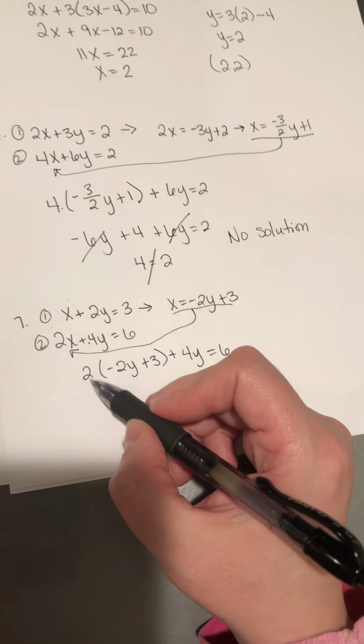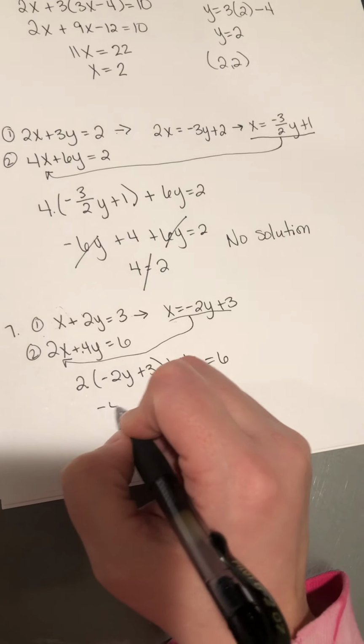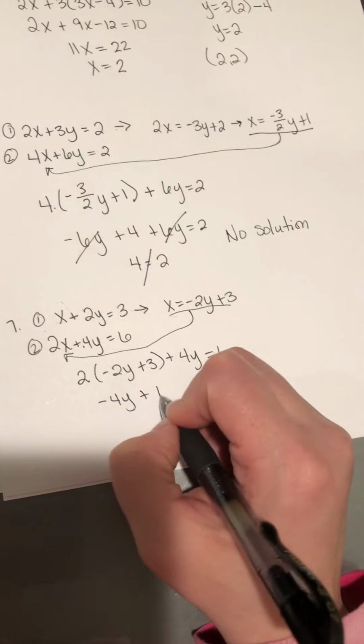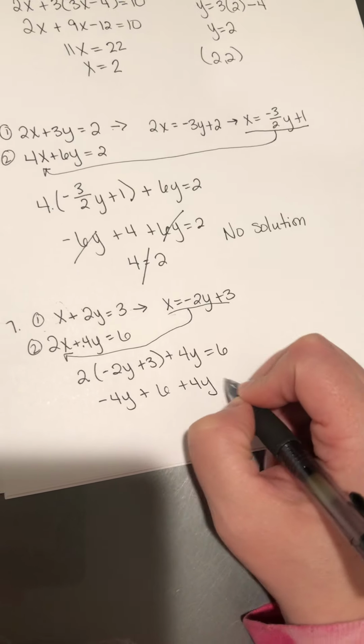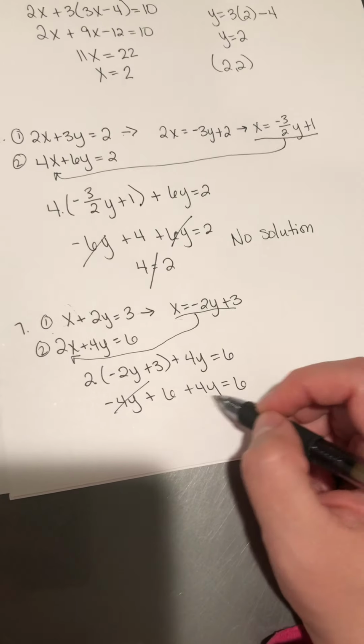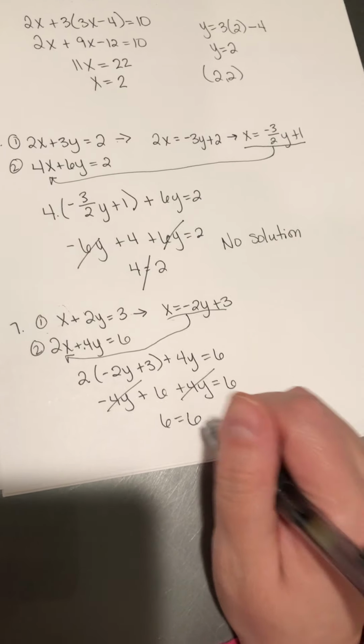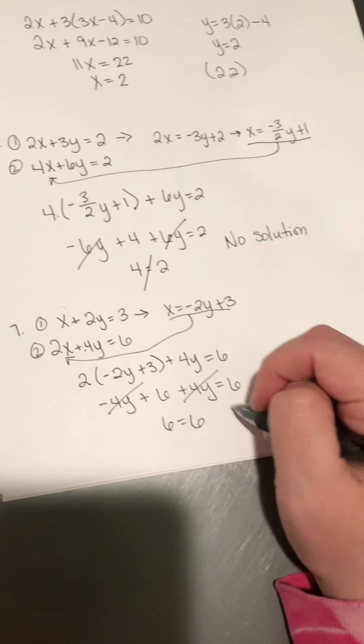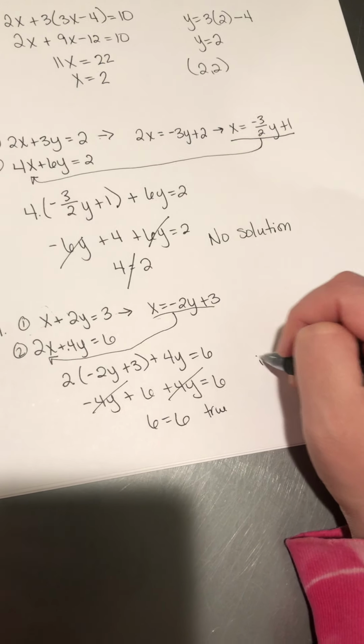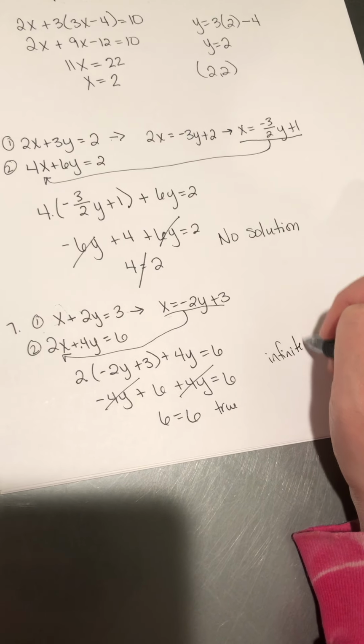And then solve. If I distribute my 2, I get negative 4y plus 6 plus 4y equals 6. Negative 4y plus 4y goes away. I get 6 equals 6. This is a true statement. So since it is a true statement, I would say that there are infinitely many solutions.